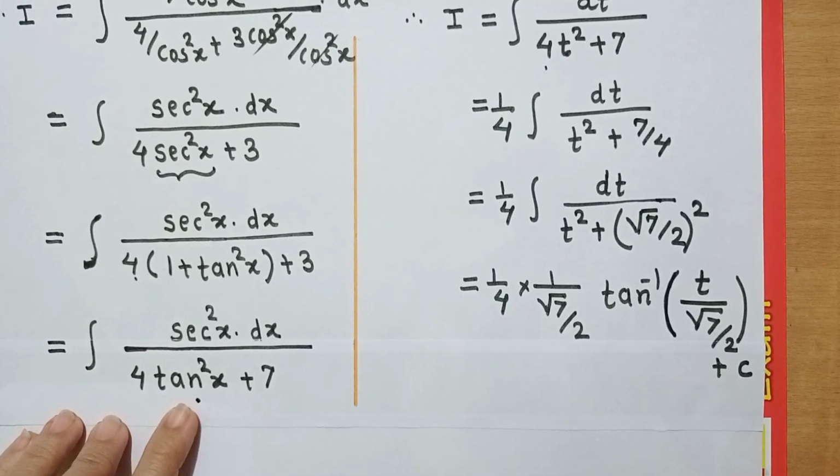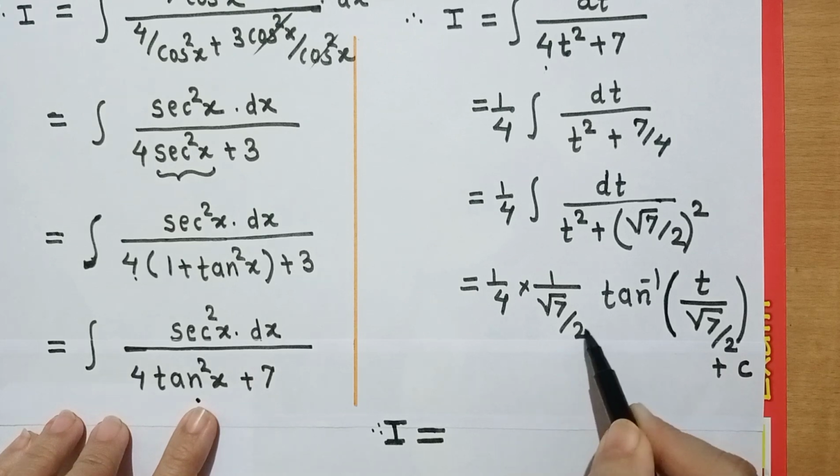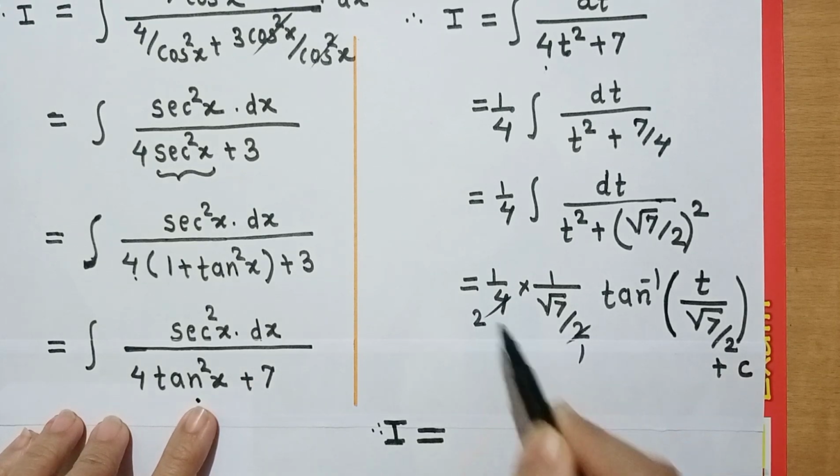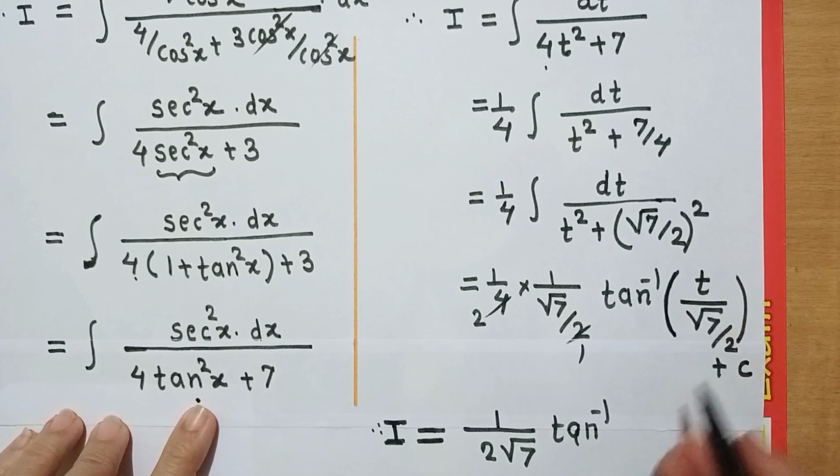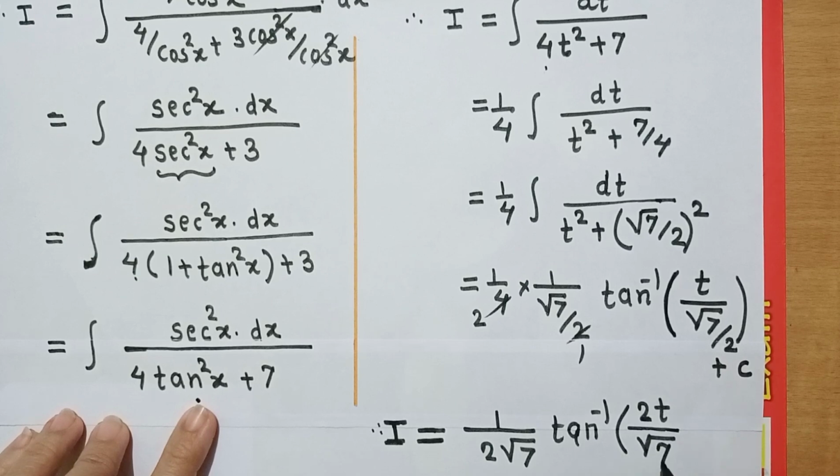And again in the last step, check here, 2 ones are 2, 2 twos are 4, so we will write 1 upon 2 root 7 and tan inverse of, and this 2 will go upside, so we have 2t upon root 7 and then plus c.